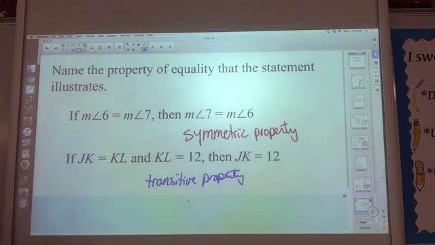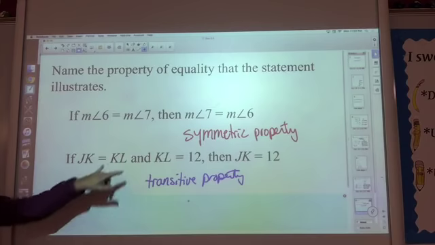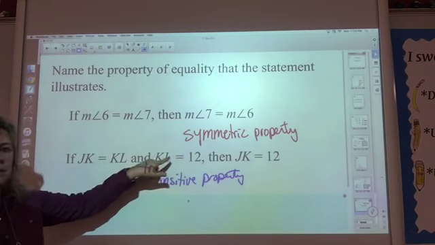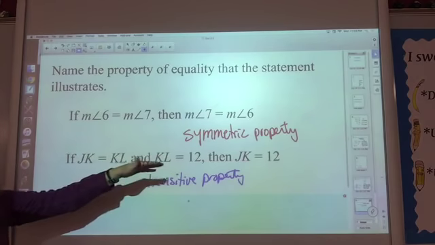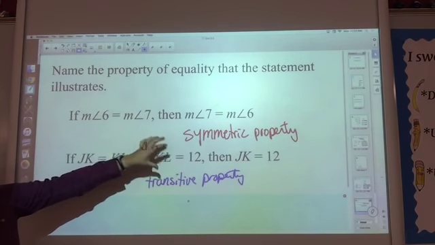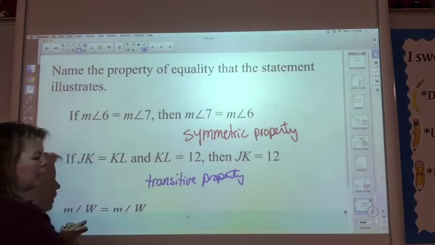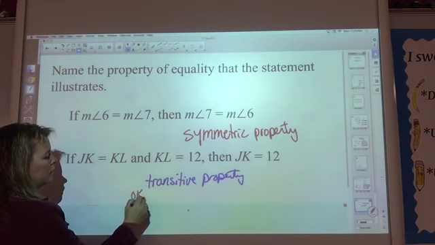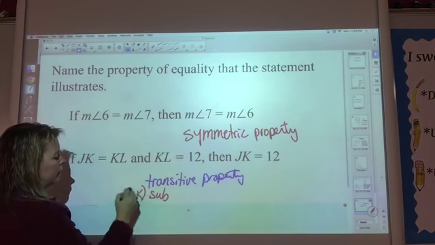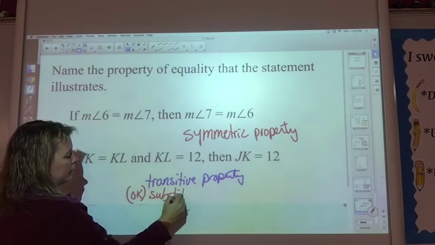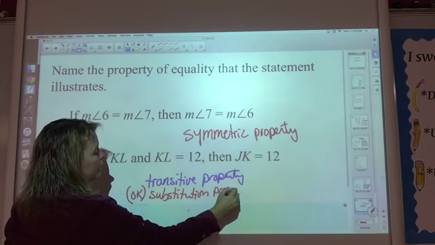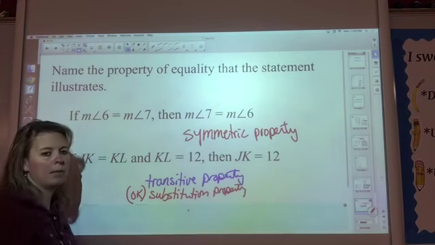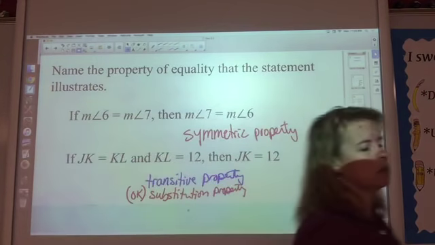On this one, I probably would allow substitution. Because you're comparing segments and numbers. It's not just segment, segment, segment, or number, number, number. It's a mixture of segments and numbers. So I would be okay with substitution property. And no, you can't abbreviate these. If you call it the sub-property, we don't know if you mean substitution or subtraction.